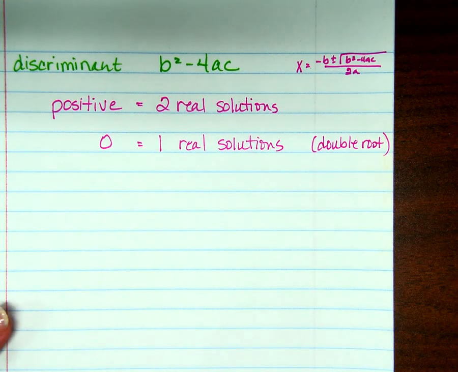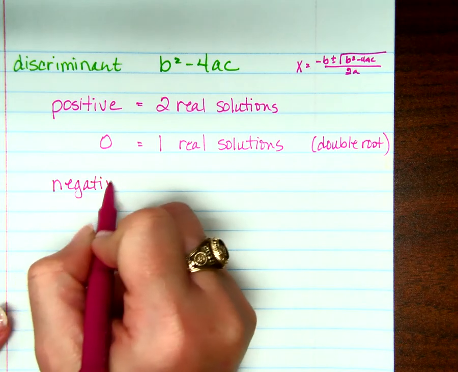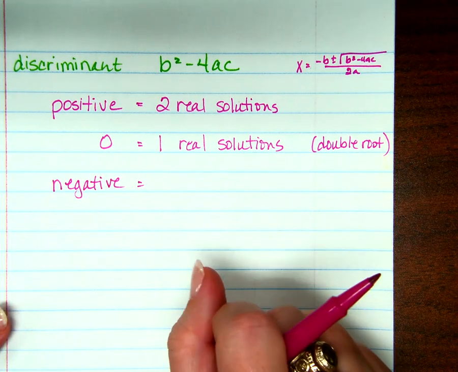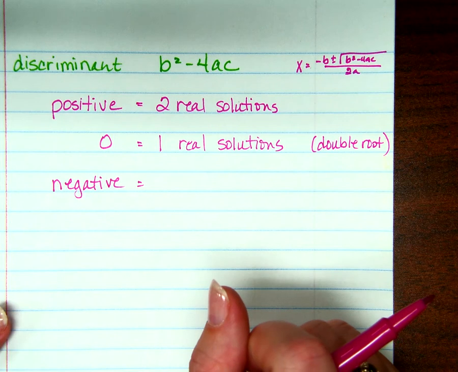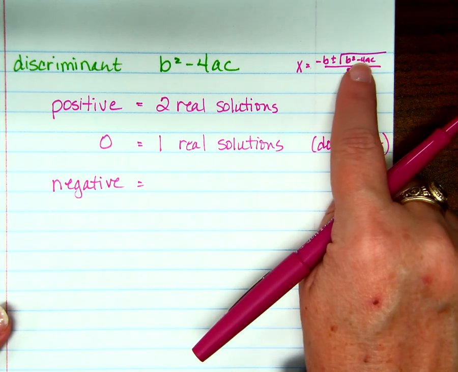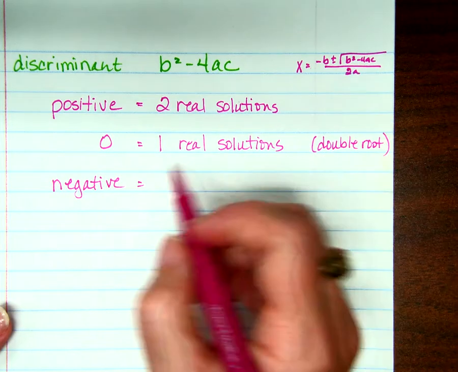And what's the other possibility? Negative. We're going to write 2 things right here, so be ready for that. How many real solutions do you have if what's underneath the square root sign is negative? 0.